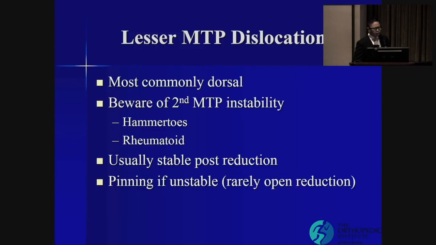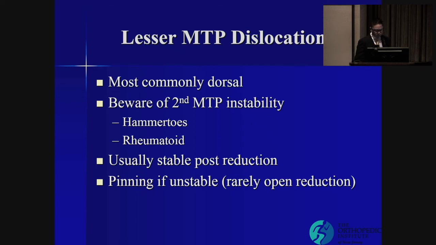Last is the lesser metatarsal phalangeal dislocations. A pearl here is to beware of second metatarsal phalangeal instability that you see with hammer toes and rheumatoid arthritic patients, as it could be misread as a dislocation, but it's really just bad hammer toes and rheumatoid arthritis.